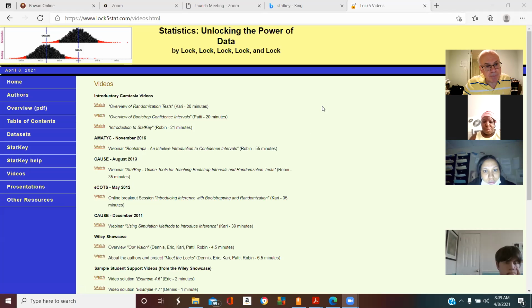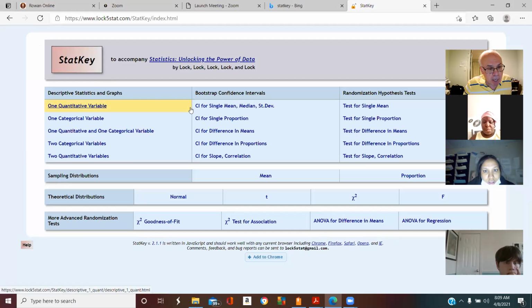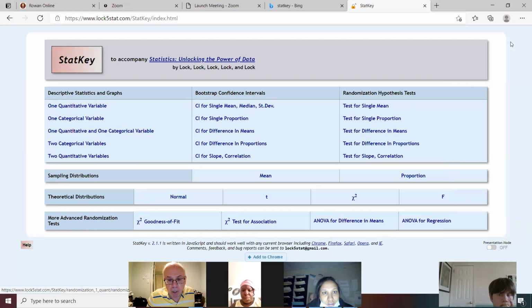Now, when you're in StatKey, as I showed you how to get to the screen here, to get back to StatKey, just click the StatKey link here, and it takes you back to the main screen, which is what we're going to work on today, a little bit later. But I have to give you some background before I work with this, just so that you understand what we're doing, all right?